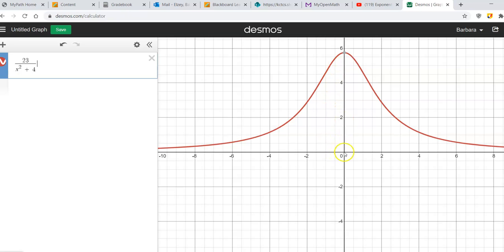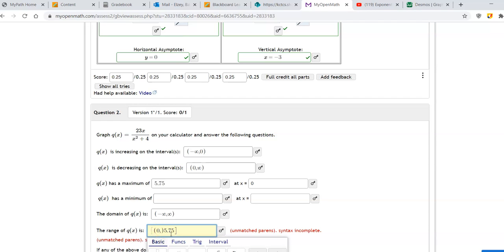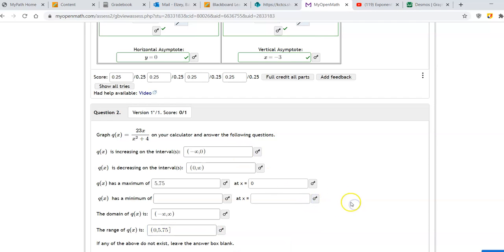And 0 is not a point on the graph, so we want an open circle, whereas this one is a point on the graph, so it's going to be a closed bracket. So we want 0 to 5.75, closed bracket. And that would be what we have on this one. And of course, yours might be slightly different from mine when you regenerate it.